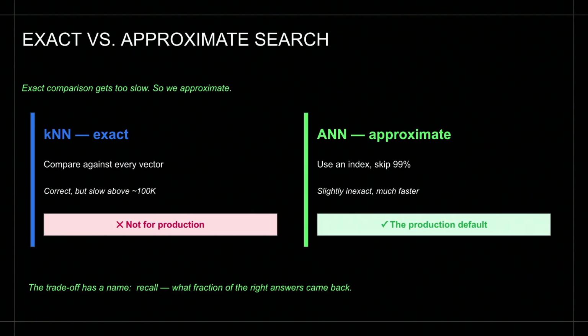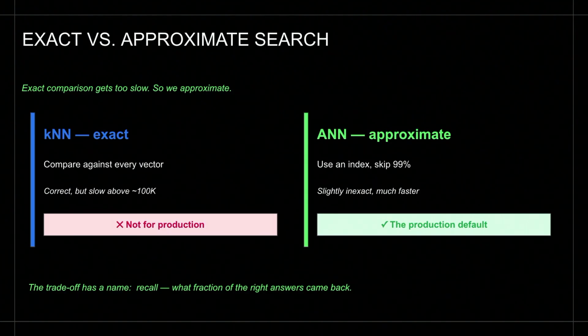With approximate search, you might not get the exact 10, but you might get 8 or 9 or 7, depending on the algorithm you're using and how the indexing works in your database. So it's slightly inexact, but it's much faster. That's what you usually use for production.